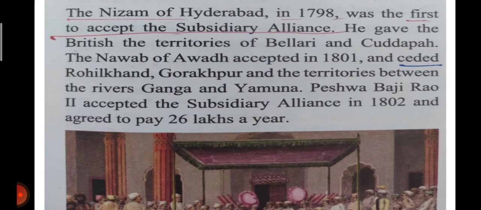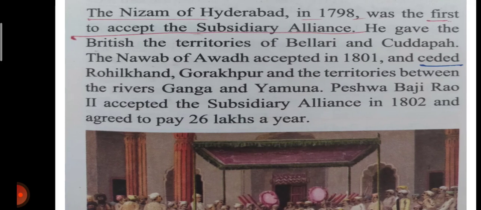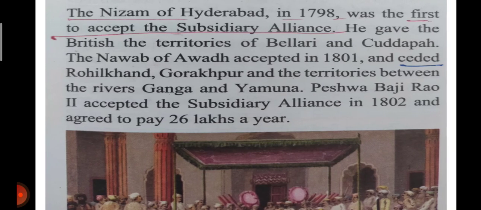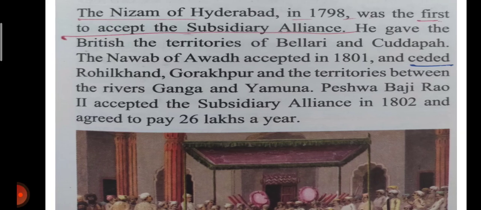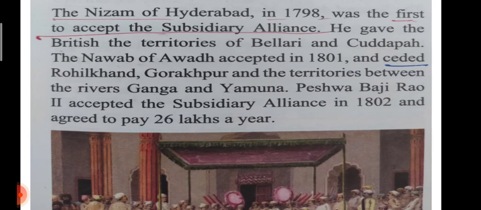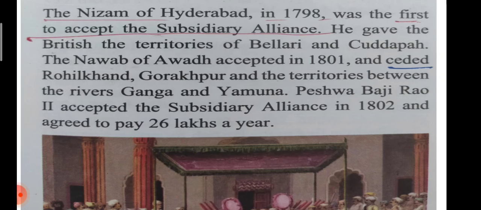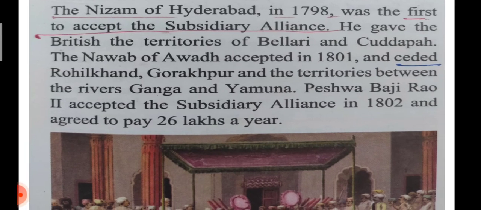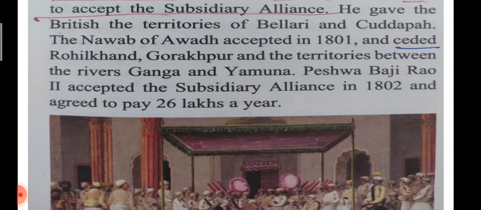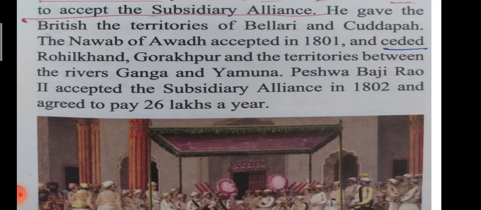The Nizam of Hyderabad in 1798 was the first to accept the subsidiary alliance. He gave the British the territory of Bellary and Cuddapah. The Nawab of Awadh accepted in 1801 and ceded Rohilkhand, Gorakhpur and the territories between the river Ganga and Yamuna.